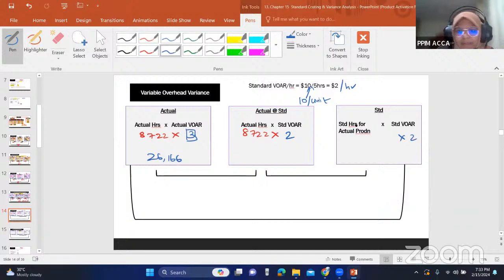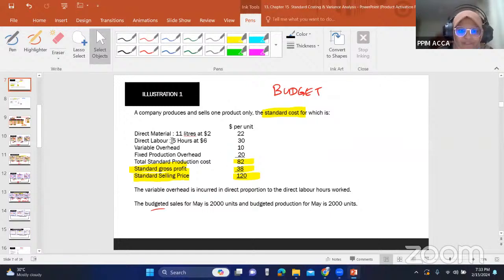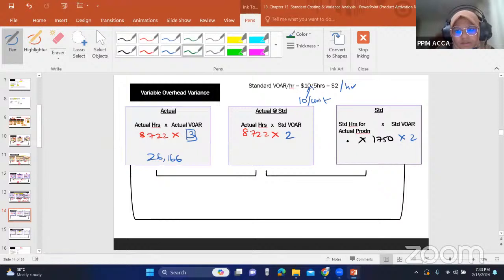This also multiplied by 2. Standard hours for actual production: you must be remembering now that actual production was 1,750. Standard labor hours, if I'm not wrong, is 5. So 8,722 into 2 will be 17,444. 5 into 1,750 into 2 will be 17,500.